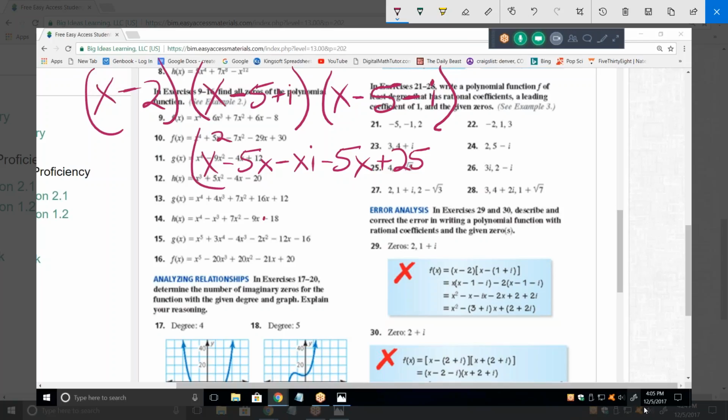Minus 5i. Got a minus 5 times a minus i. Oh, so plus 5i then. And then xi plus xi, minus 5i.